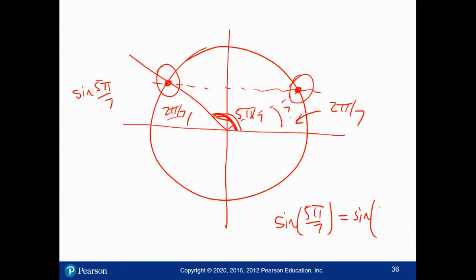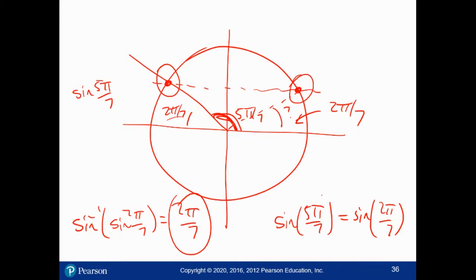Therefore, it's the same as the sine of 2 pi over 7. And now I have an angle in quadrant 1. So I can say that the arcsine of the sine of 2 pi over 7 must just be 2 pi over 7. So overall, the arcsine of the sine of 5 pi over 7 is 2 pi over 7. You're just looking for an angle in quadrant 1 that points to the same height.